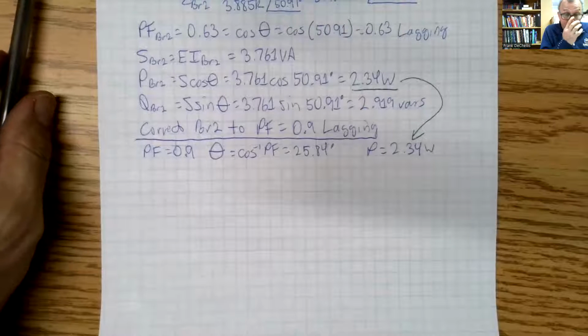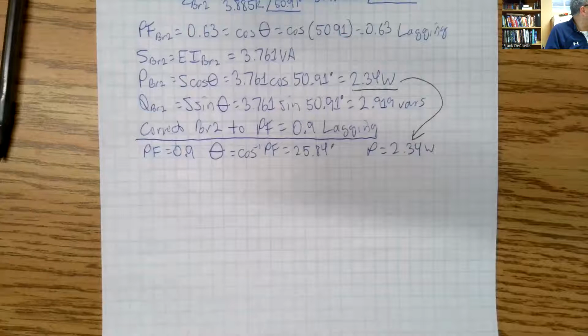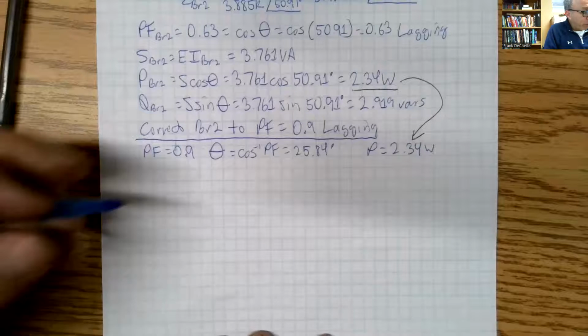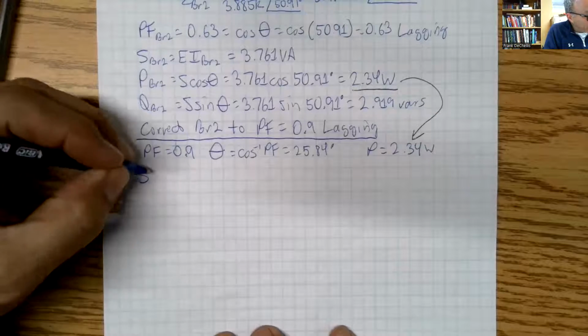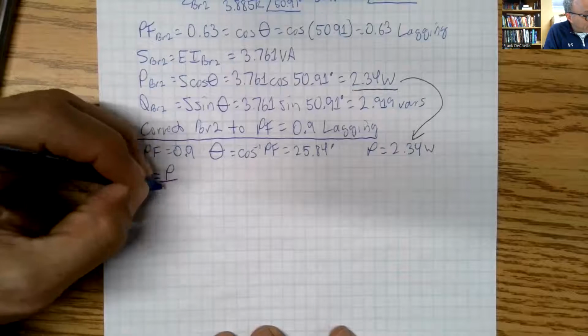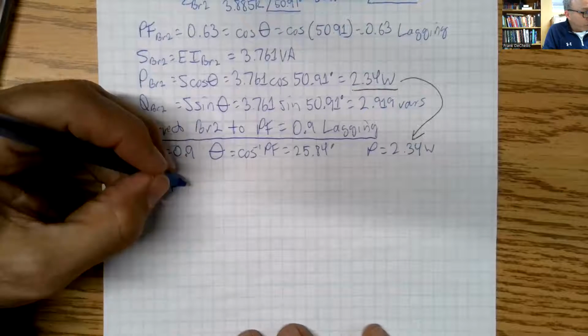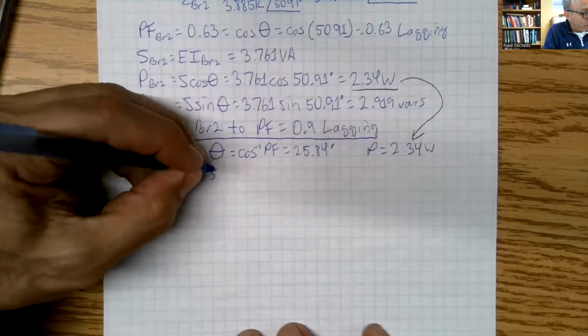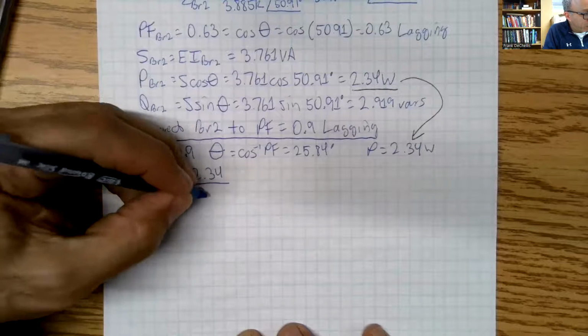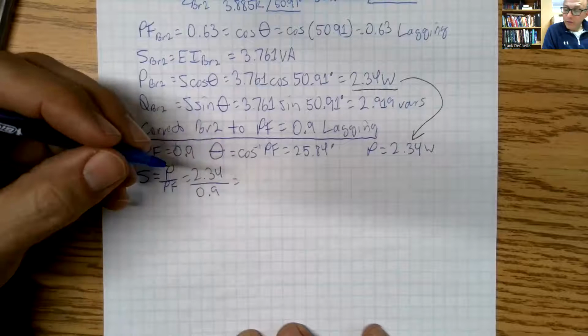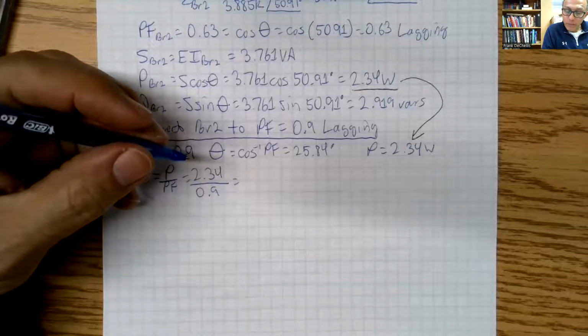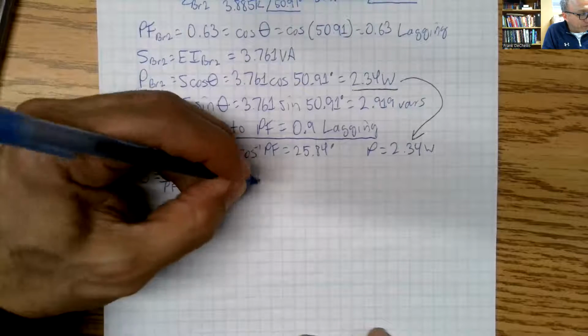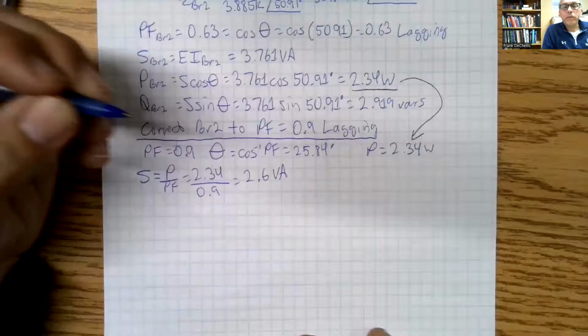So now we need to figure out the capacitor. So we can do it the same way we did with the first branch. We can figure out our apparent power. So S is equal to P over PF, which works out to 2.34 over 0.9, which worked out to 2.6 volt amps.